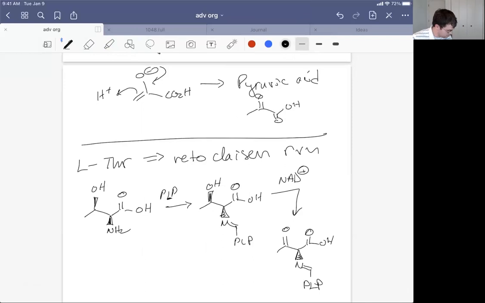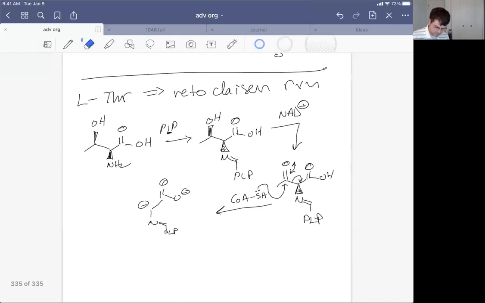And now what we're going to do is engage this with CoASH, or the CoA-free thiol, and that will get deprotonated. But what we can do is add to the beta keto, push up, push down, and then do the Retroaldol reaction to generate the glycine anion. That's a little sloppy.